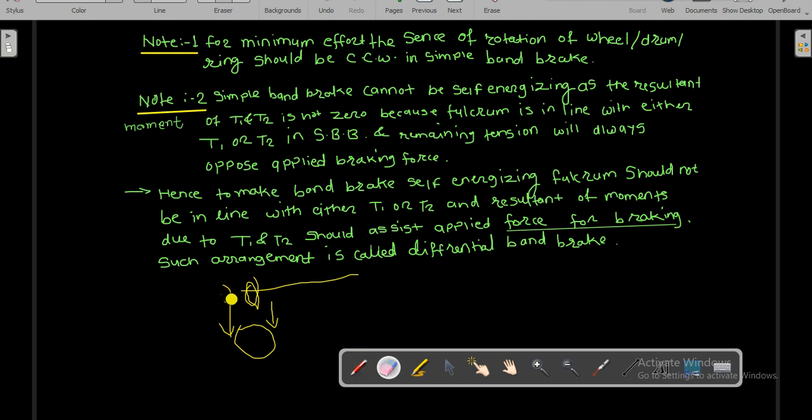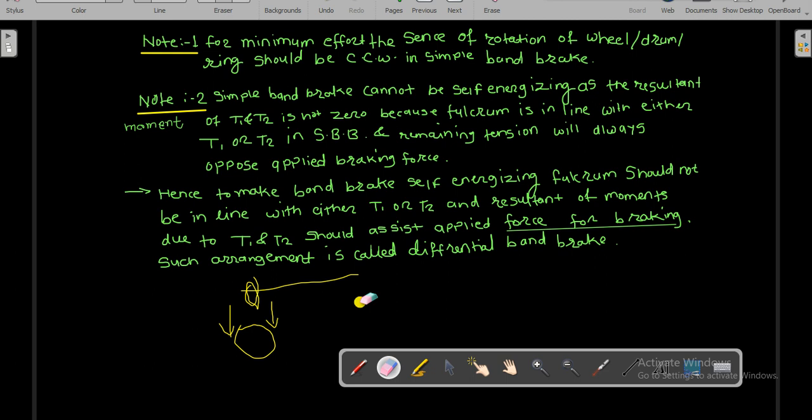Now the moment due to T1 or T2 will not be 0 because they are not in line with the fulcrum. Now the resultant, or summation of moment due to T1 and T2, will be some value, and that should be in the direction of the moment due to external force. Then and only then will such a brake be self-energizing.